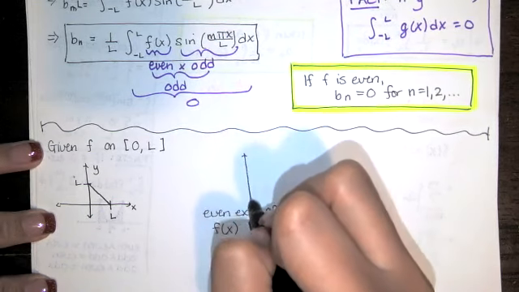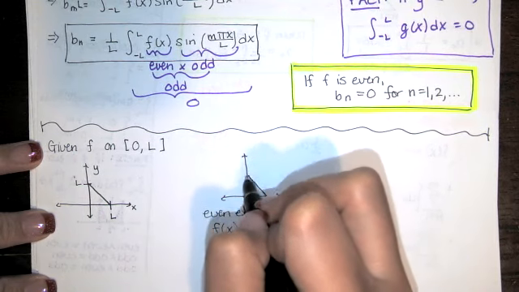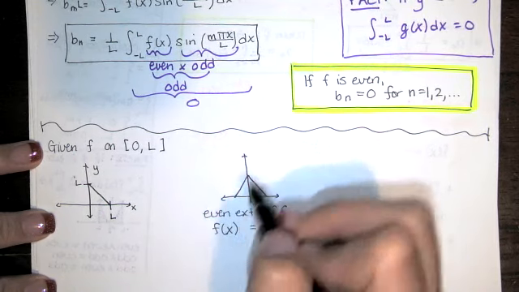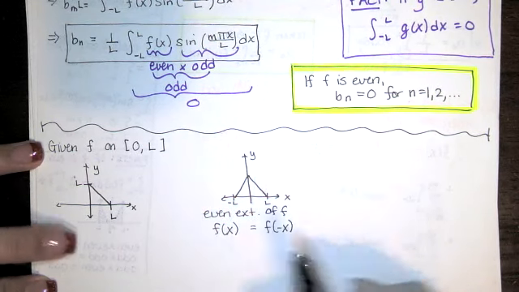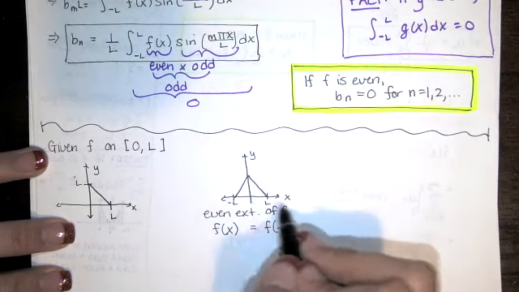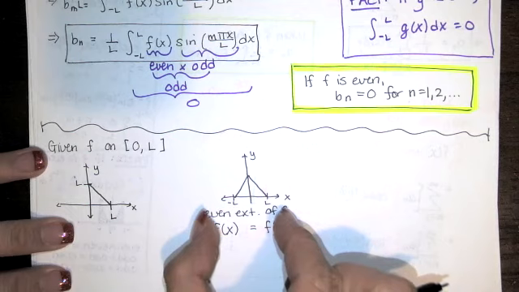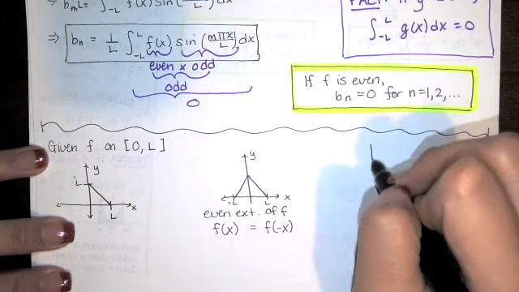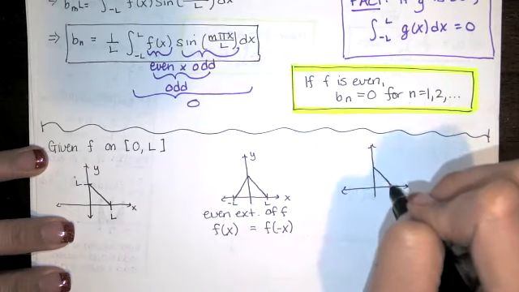So we take this little line segment and we reflect it. There's symmetry about the y-axis here. That would be the even extension of f. So now we have an even function that was defined using the function f, or we could create an odd function defined using that function f.